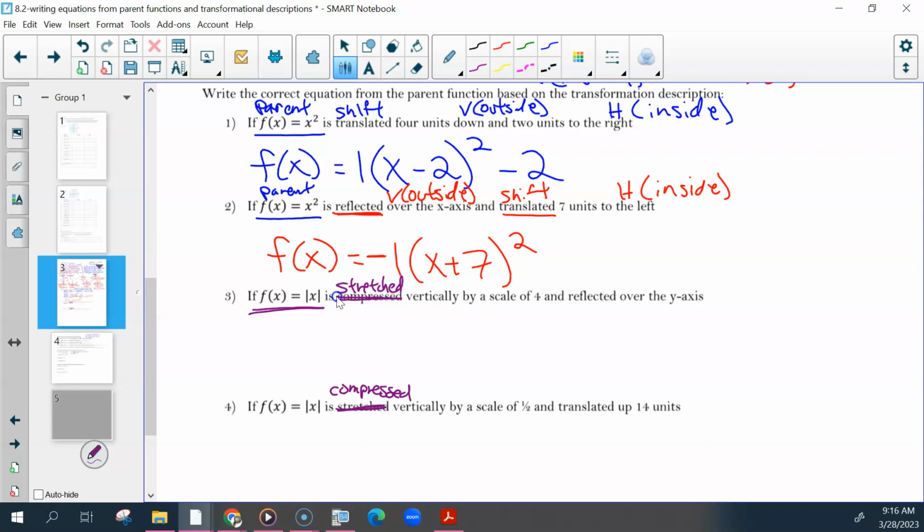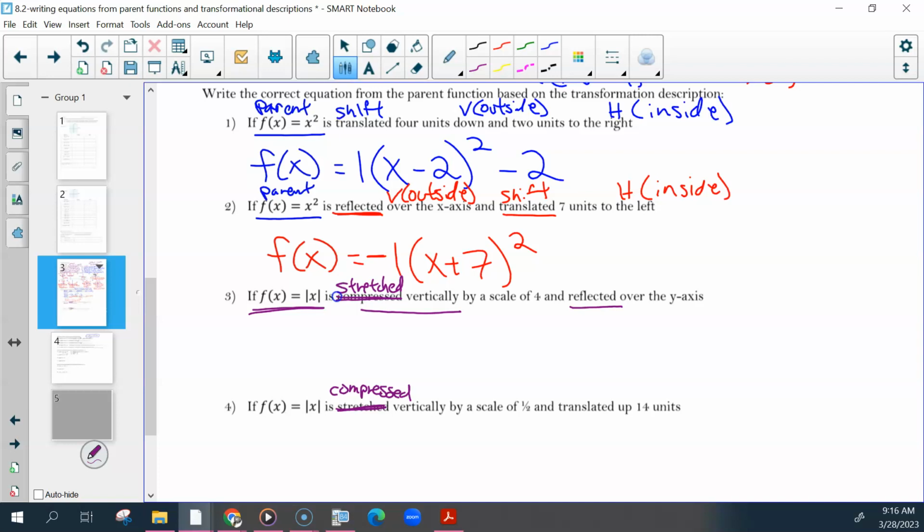I'm actually going to underline that it says vertically because if it's stretched or compressed, it has to tell you what type. Any other transformation word you see? Reflected. With the first one, if it's stretched vertically by a scale of 4, there's nothing else we need to do with that. It tells us by how much, so we're going to use that number.